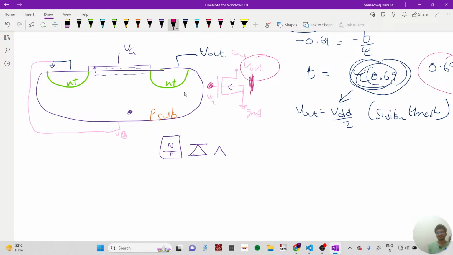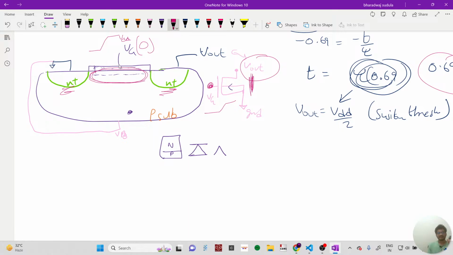Let us consider that we have NMOS and at present it is zero gate voltage and we are trying to make it VDD. So it's transitioning from 0 to VDD. So there have to be some electrons aligned in a line between source and drain, that is called the channel. It has to be formed, right?